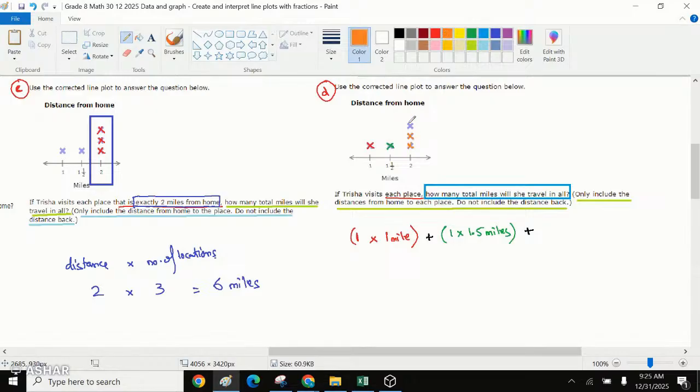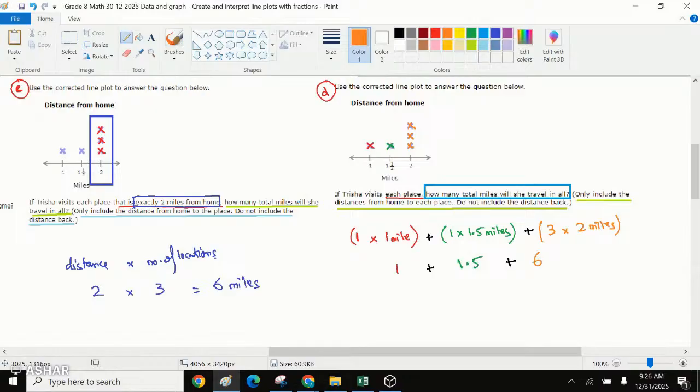We already found the answer in the last part, right? There were 3 locations with 2 miles each. They were 2 miles away from the house, right? So 1 into 1 would be 1 mile, plus 1 into 1.5 is 1.5, plus 3 into 2 is 6.